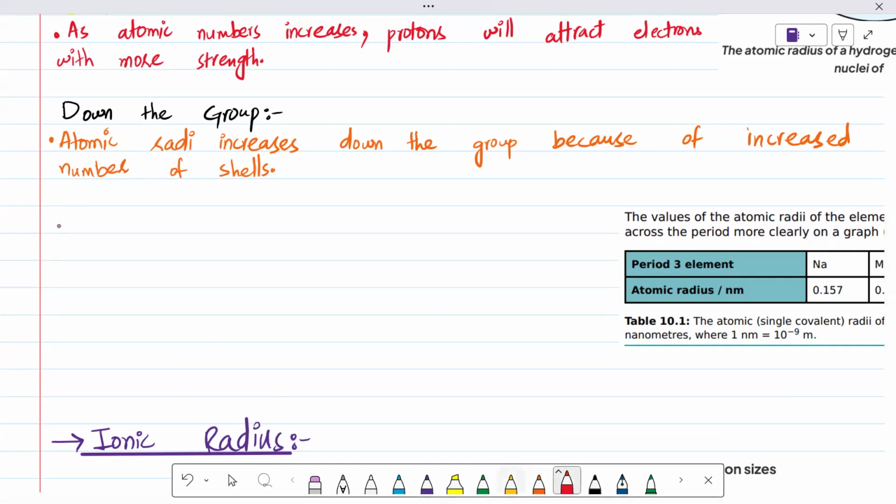That is what I am saying: the electrons are now distributed in more shells.